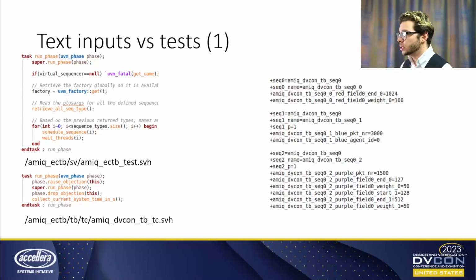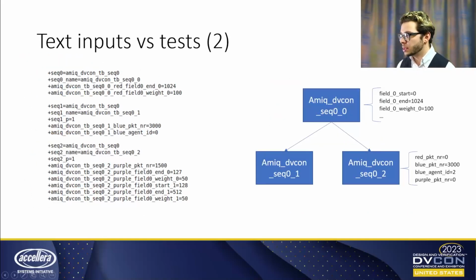On the right, you can see a scenario, which is basically just 3 sequences that are going to be seen on the next slide. As you can see, they have a name, and they have a parallelism status, which is that _p that can be seen on the second and the third sequence.